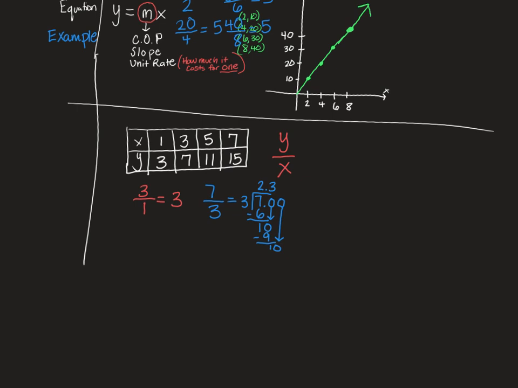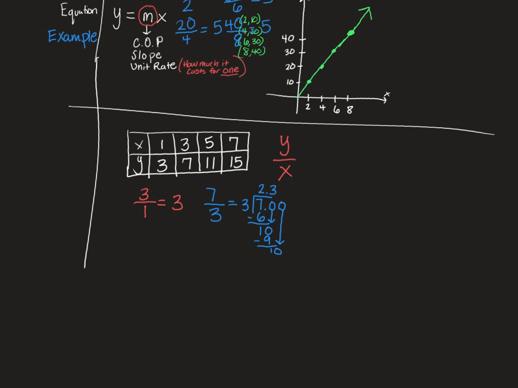It's run-on, but we call it repeating because every time you divide 3 into 10, you get a repeating decimal. It just repeats forever and ever and ever. So you put a line over what repeats. So I did that more as a review, but 7/3 is equivalent to 2.3 repeating.